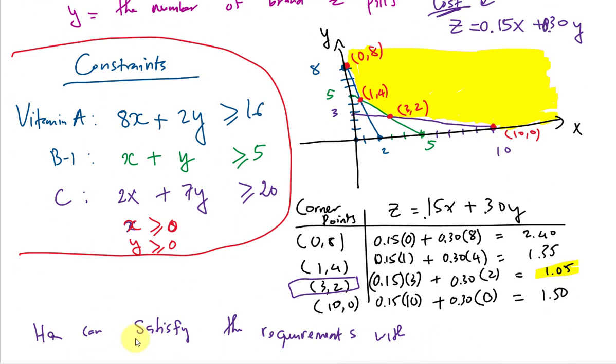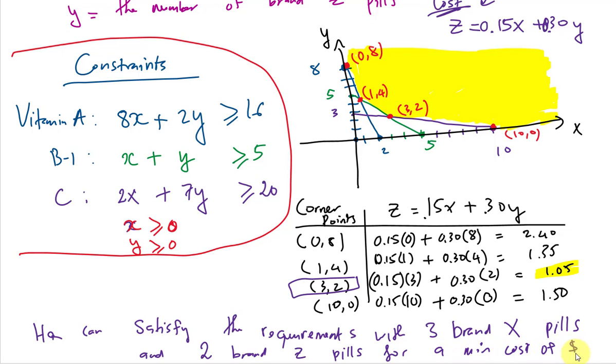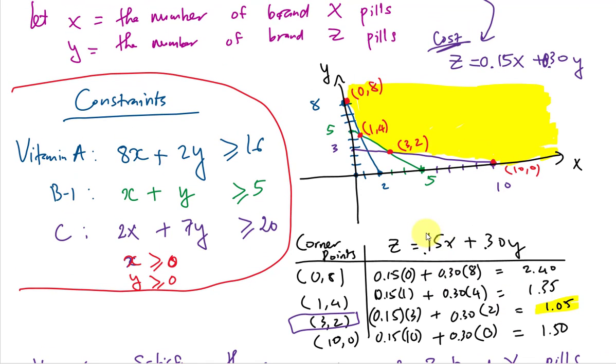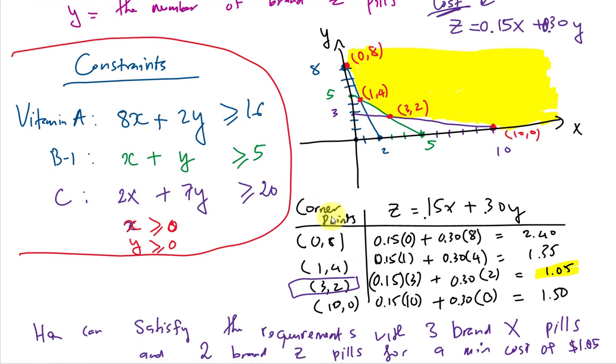So he can satisfy the requirement with 3 brand X pills and 2 brand Z pills for a minimum cost of $1.05 every day. And that is the answer of this problem using the linear programming concept together with the corner point theorem.